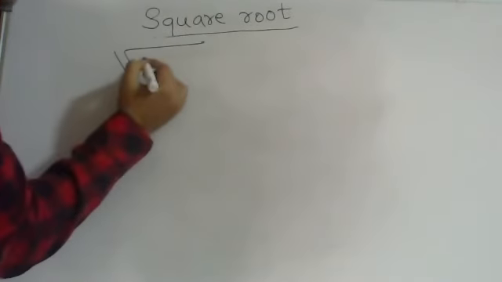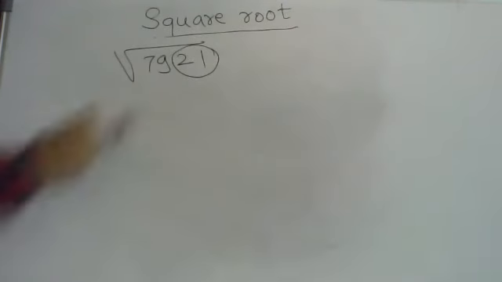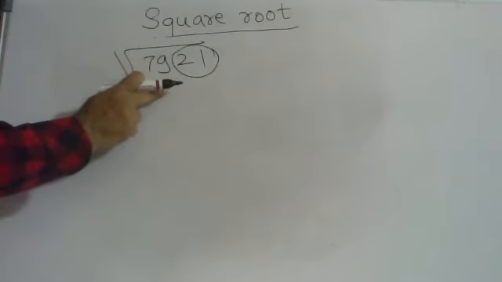Square root of 7921. Leaving last two numbers at one side, 79 is near to which square number?